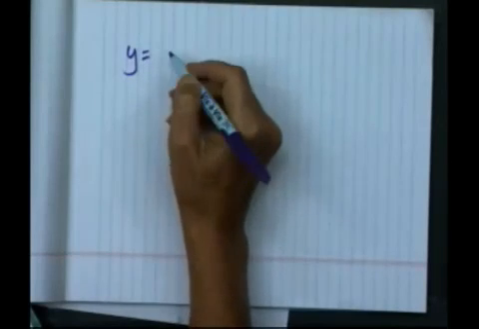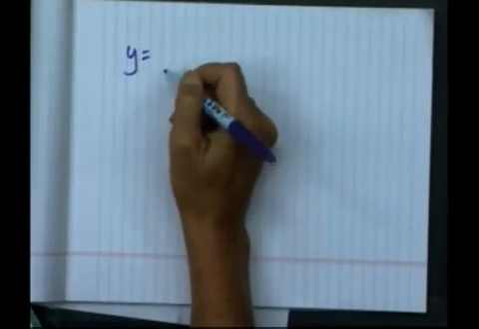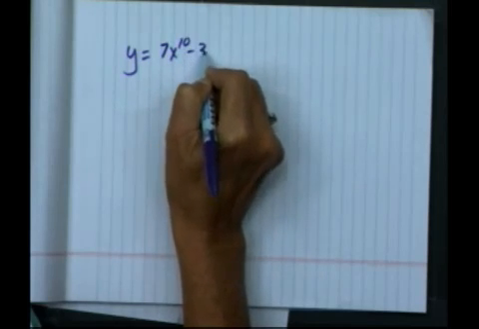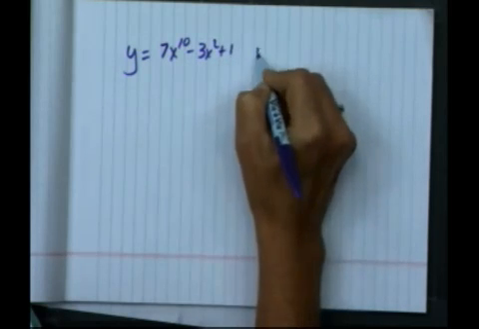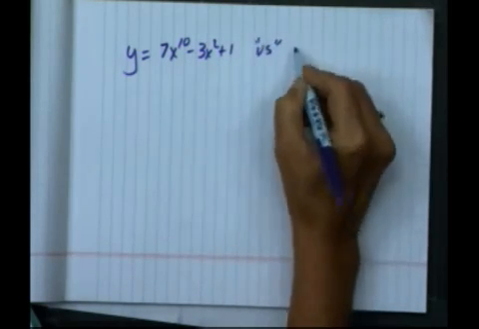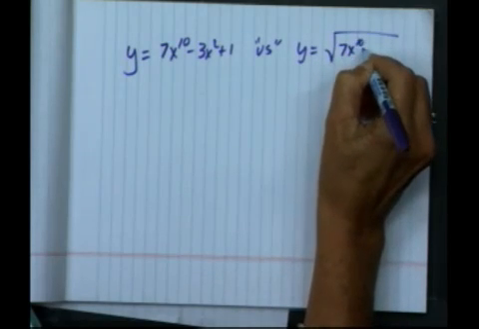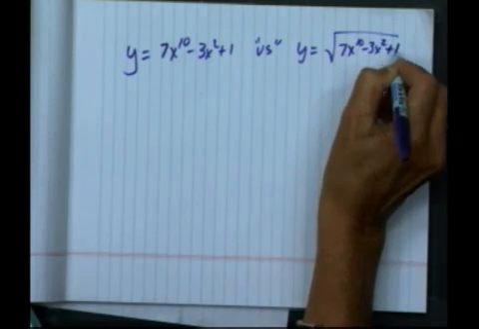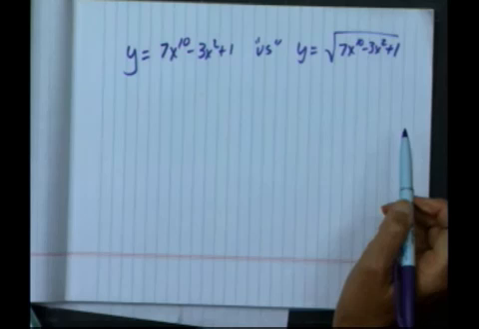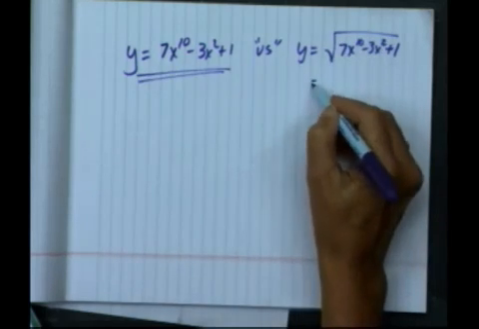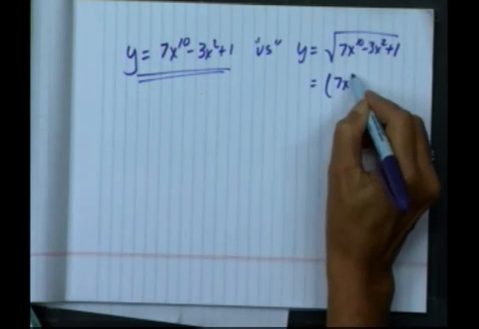What about y equals 7x to the 10th minus 3x squared plus 1, versus y equals square root of 7x to the 10th minus 3x squared plus 1? Which one's a polynomial? The first one. Remember, square root, I could write that as what exponent?